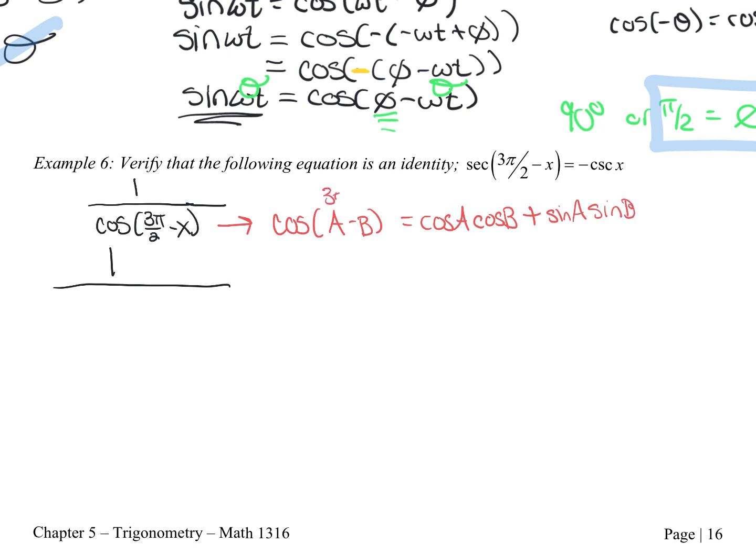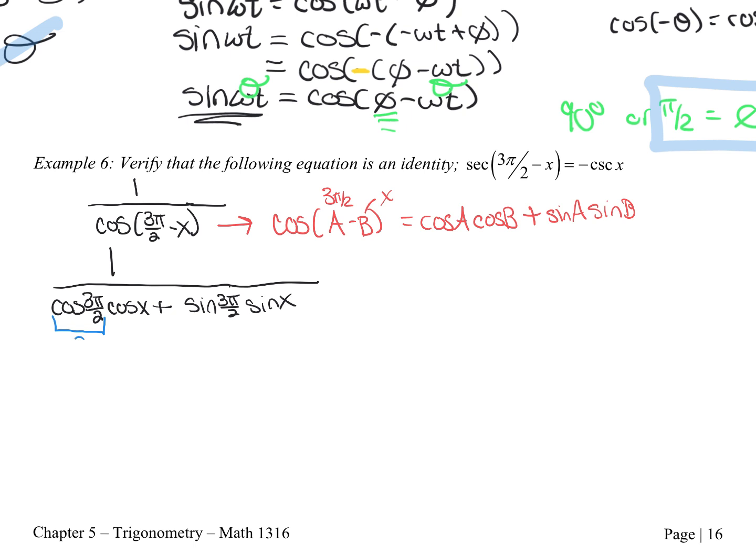A is my 3 pi over 2, and b is my x. So on the bottom I can apply that formula and get cosine of 3 pi over 2 cosine of x plus sine of 3 pi over 2 sine of x.